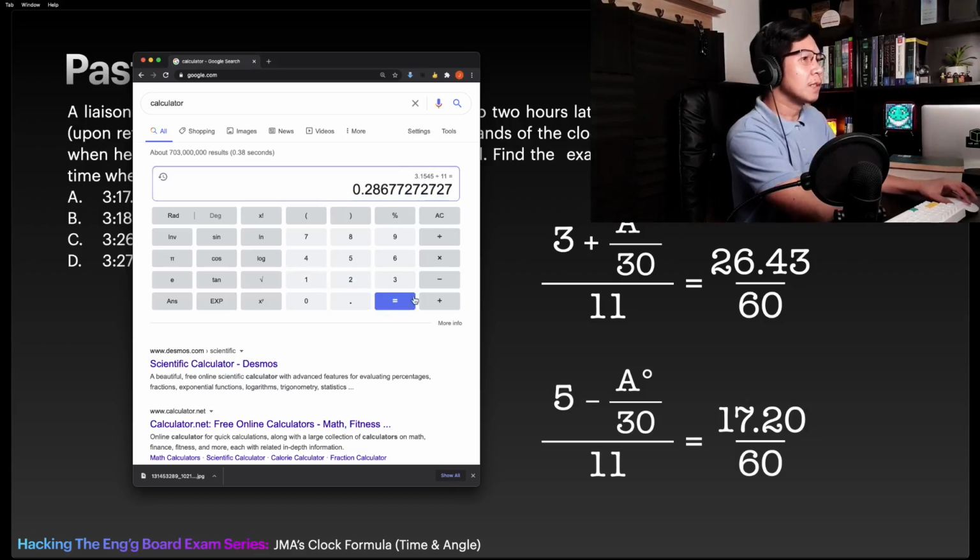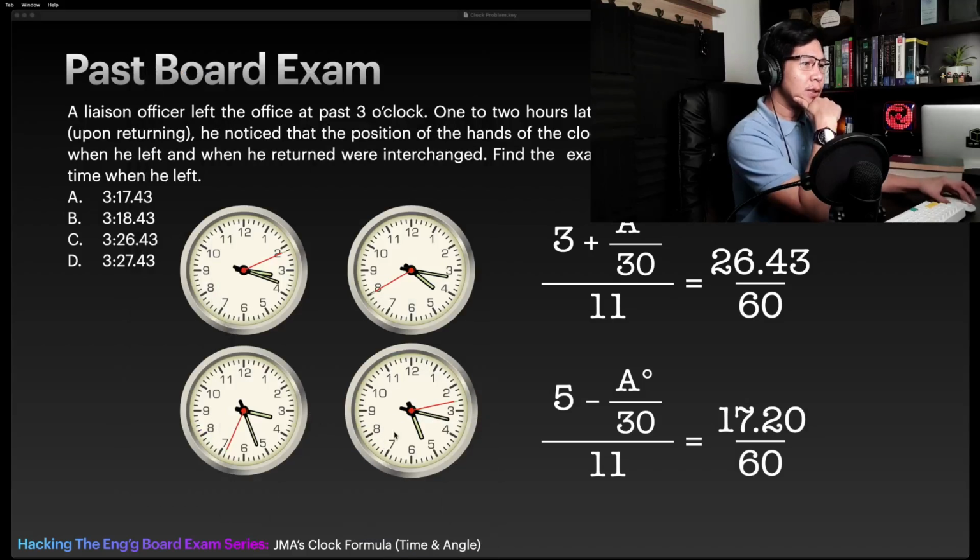And then let's multiply this by 60 to get the equivalent minutes. So the answer is 17.2. So bumalik siya noong 5:17. So ayan yung time na nakabalik na siya after 1 to 2 hours later. So, ang tamang sagot dito is 3:26.